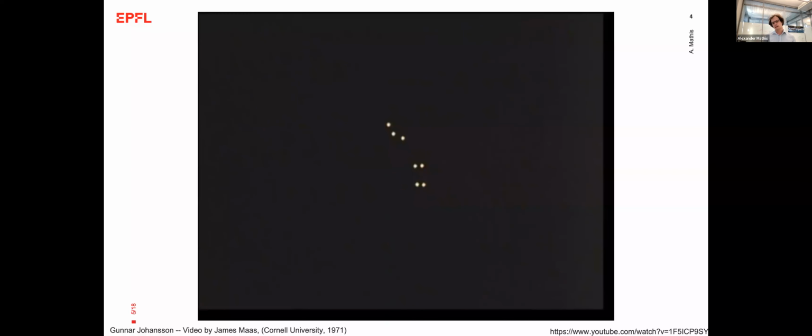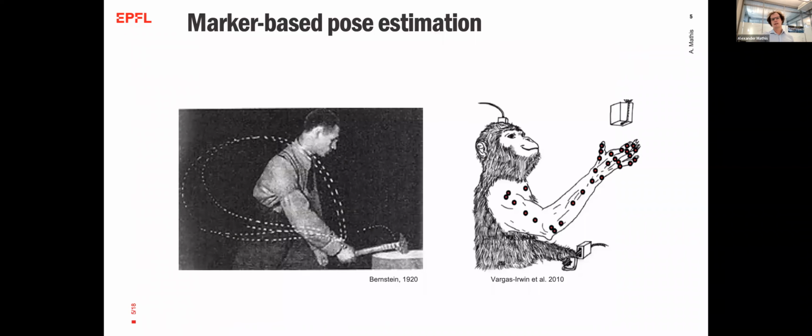For that reason, going from high dimensional videos to low dimensional pose representations has been a major goal in computer vision for a very, very long time. Let me go one slide further first.